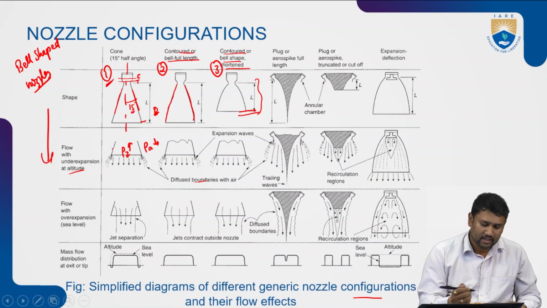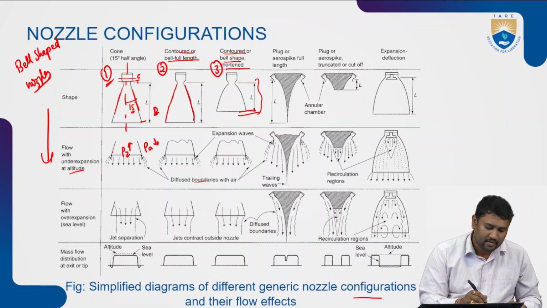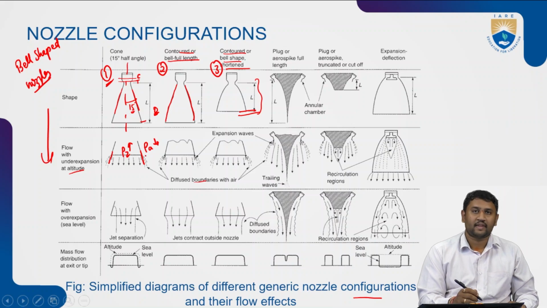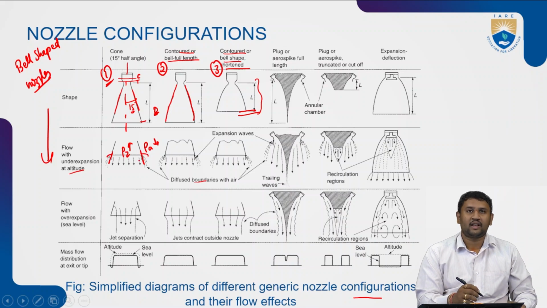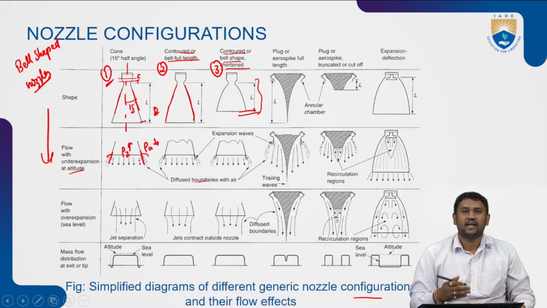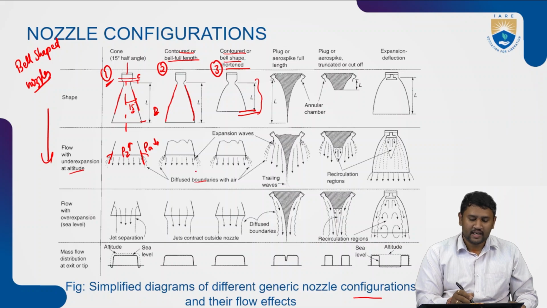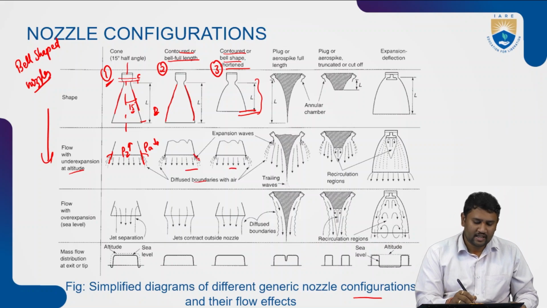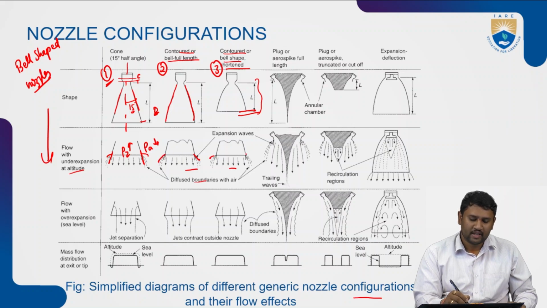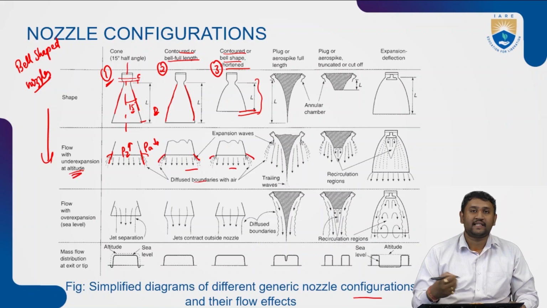So, along the curve, what happens? It tends to flow as well as it tends to push itself out as soon as it passes through the edge of the nozzle, right? The same thing happens in case of my other two types of bell nozzles, right? These tend to push out further as the altitude increases.